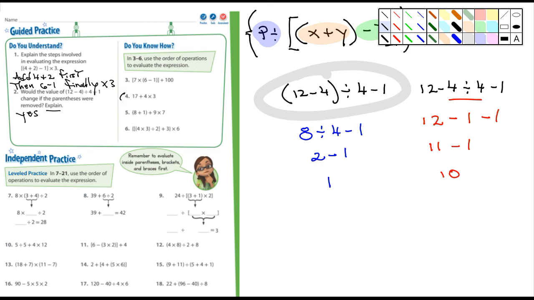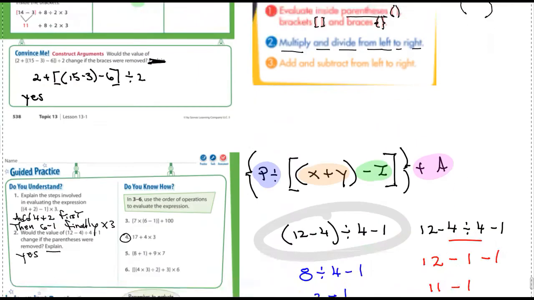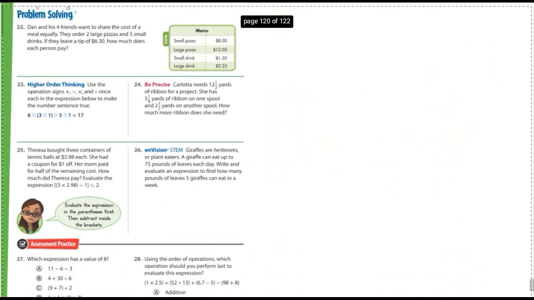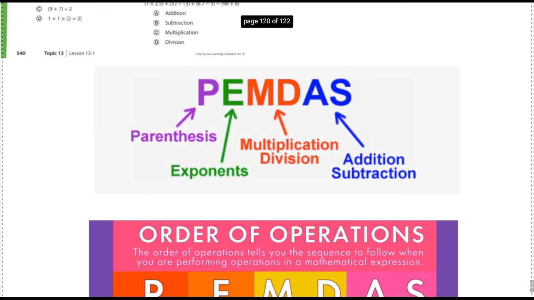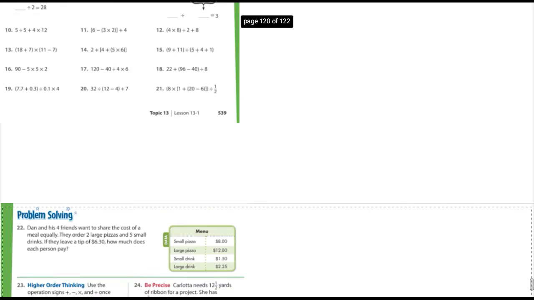Let's look at number 4 here. Here's a fairly easy one. 17 plus 4 times 3. What do you do first? A lot of you might think, oh, I'm going to do 17 plus 4. No. You do 4 times 3 first. I'm going to go back to the PEMDAS chart here. You do multiplication and division before you do addition and subtraction.